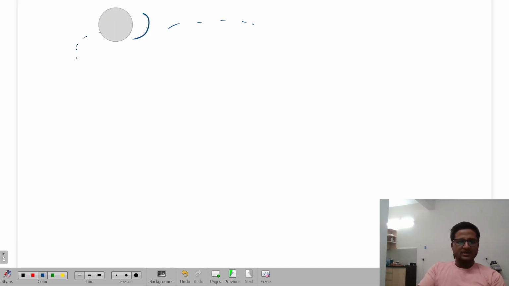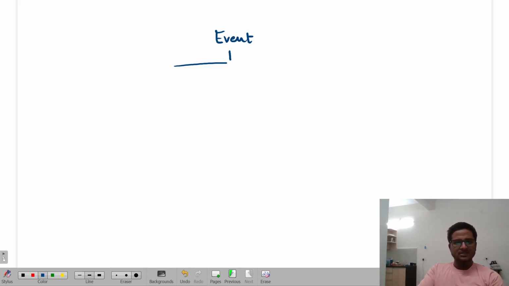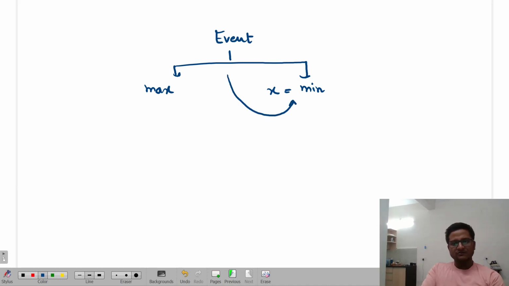मीन्स इफ आई से there is an event, I'll talk about this. There is an event, and this event has two scenarios, one maximum and one minimum. If for this event I consider some variable x to be minimum, the meaning of that is these events are always possible for the values of x which are greater than this value. Are you able to get me?